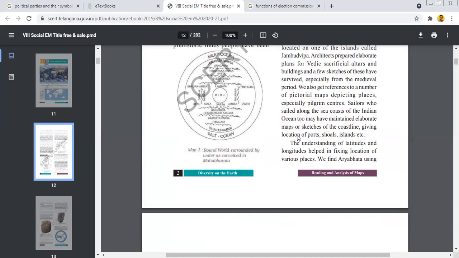With the help of these two lines, longitudes and latitudes, they tried to prepare accurate maps for sailors. This process took about 2000 years. Okay, finally they prepared a good map of the world.